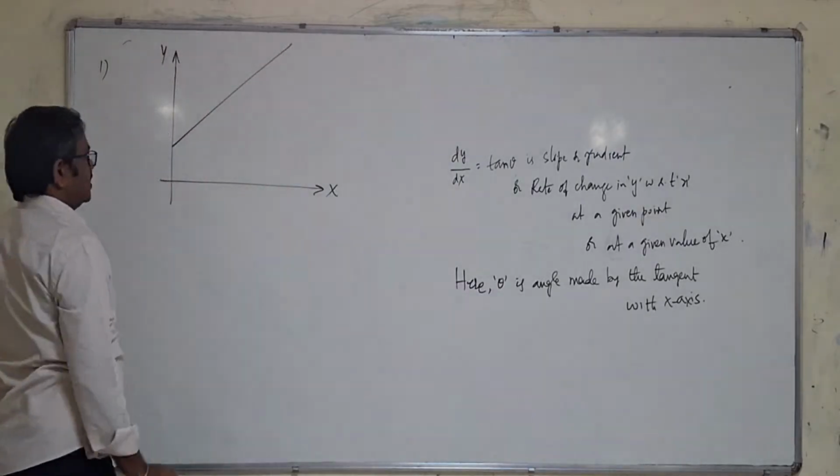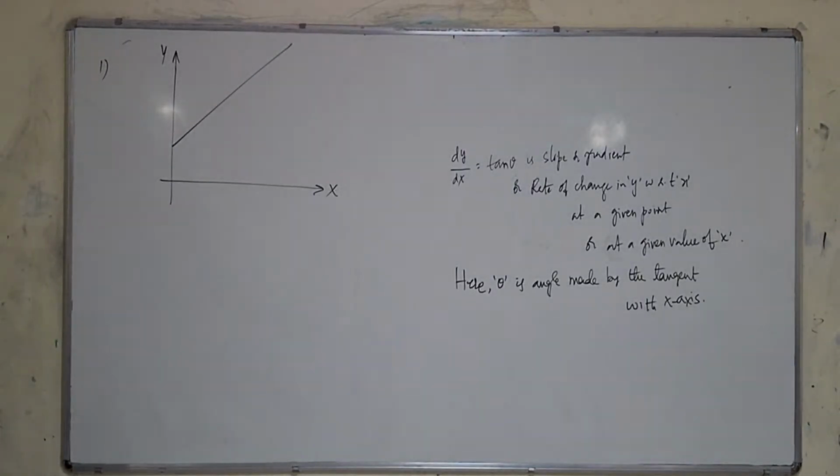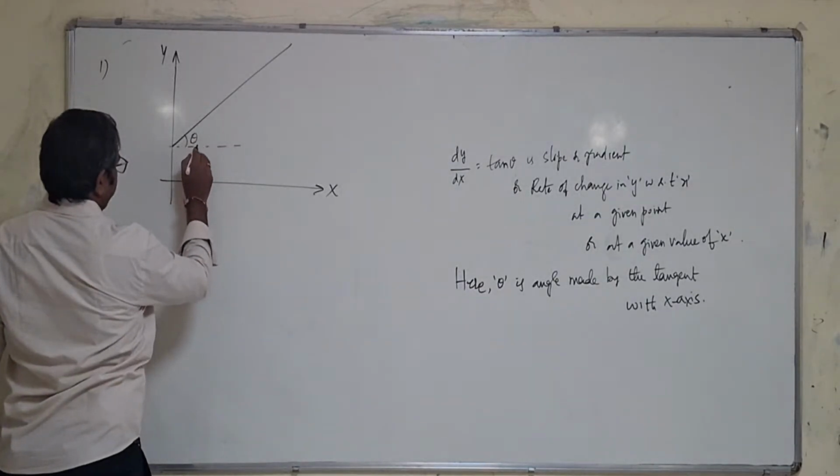Look at this graph. This is a straight line. Now tell me, what is the story that this graph tells you? This straight line, let's say, makes an angle theta here.